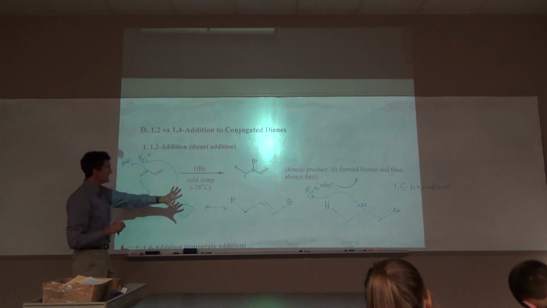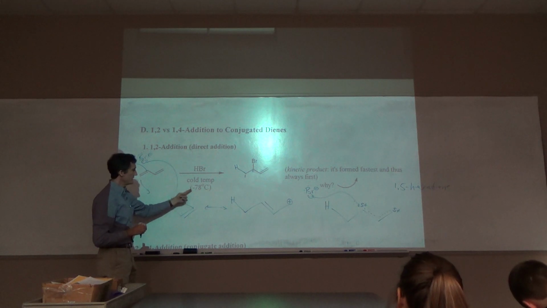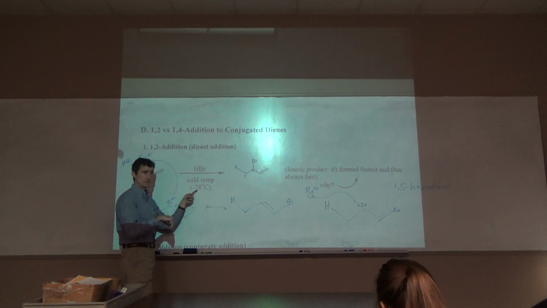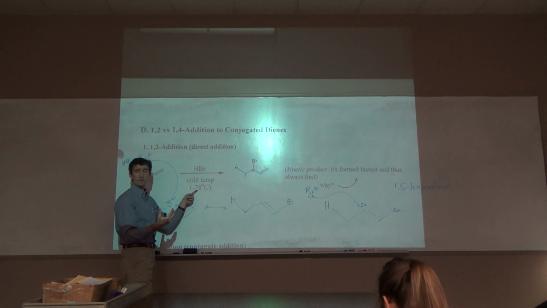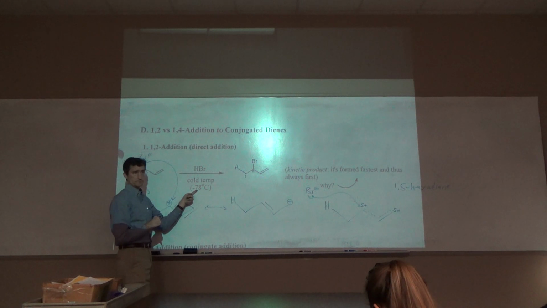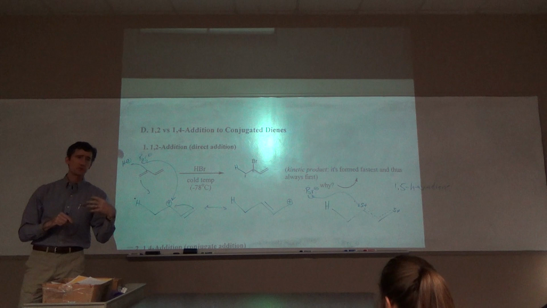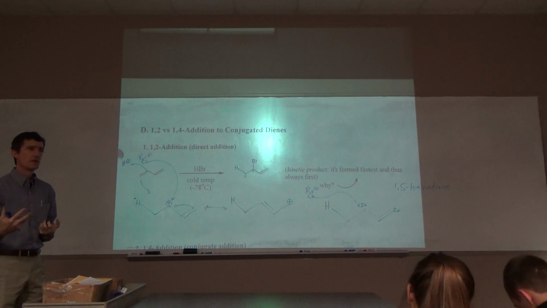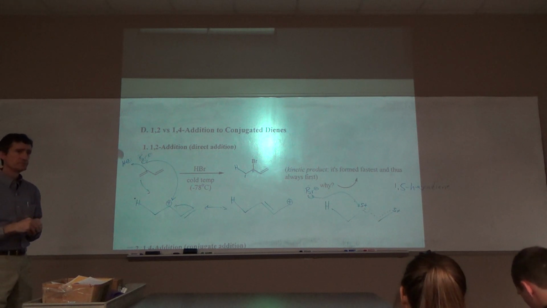This is the outcome if you do the reaction at cold temperature, minus 78. Why that temperature? Because if you put dry ice and acetone, which are both commonly available in the lab, the temperature will become negative 78. If you put dry ice in acetonitrile, I think you get minus 40. There's a list of these that you can get.